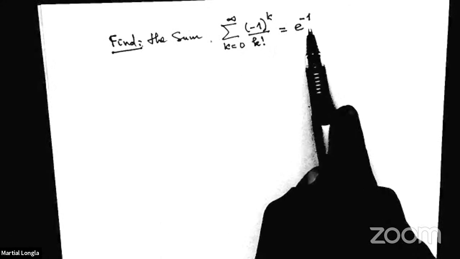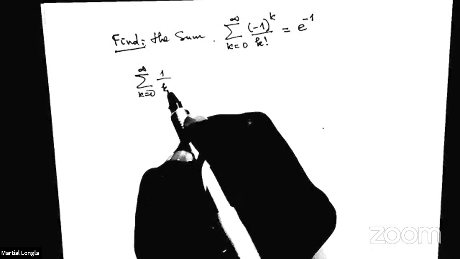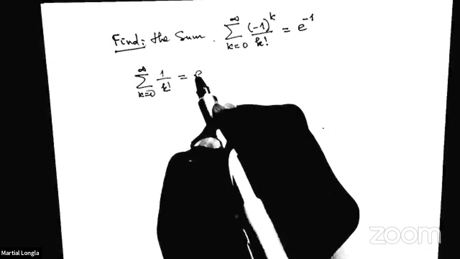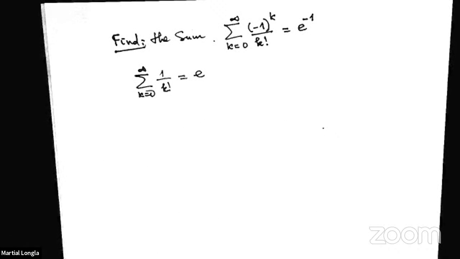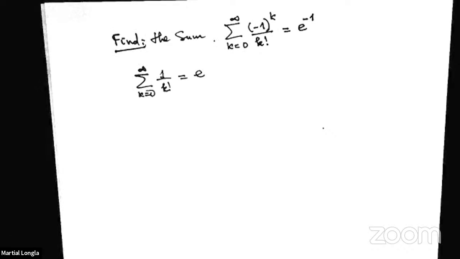So this is e to -1. If we want the sum k from 0 to infinity of 1 over k factorial, I would say right away this is e, because on top there, that's 1 to the power k over k factorial.